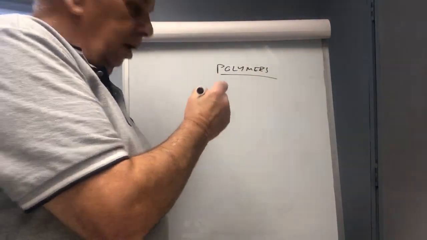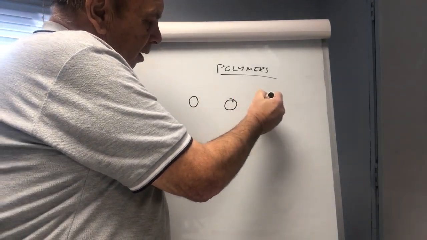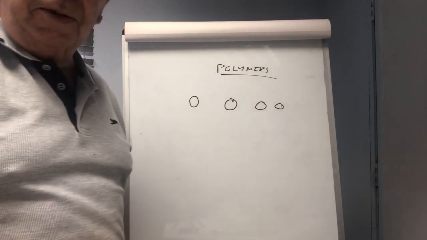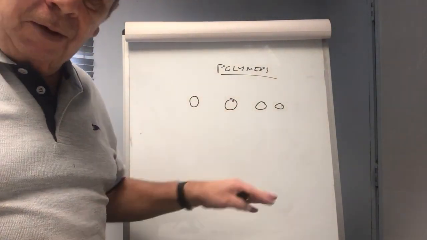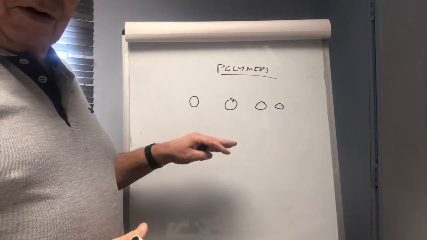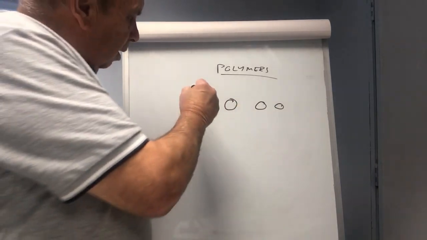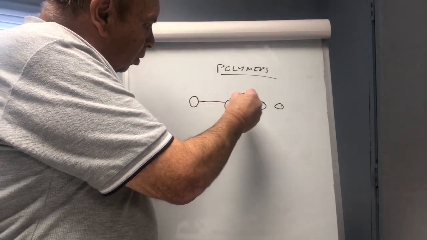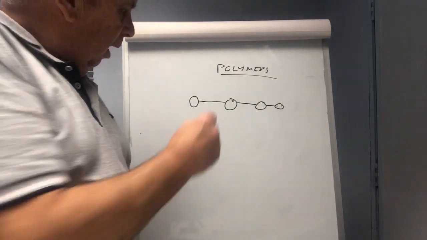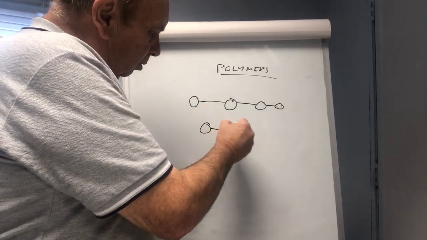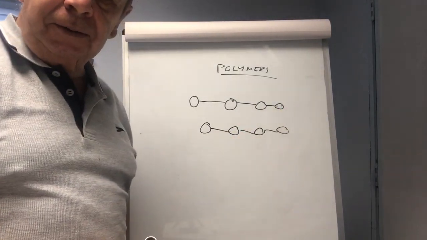If I took a molecule of ethene, I polymerize, that by the way is a gas, I polymerize it, change it from a monomer into a polymer. All of those molecules become linked or joined, and there's another chain of ethene.